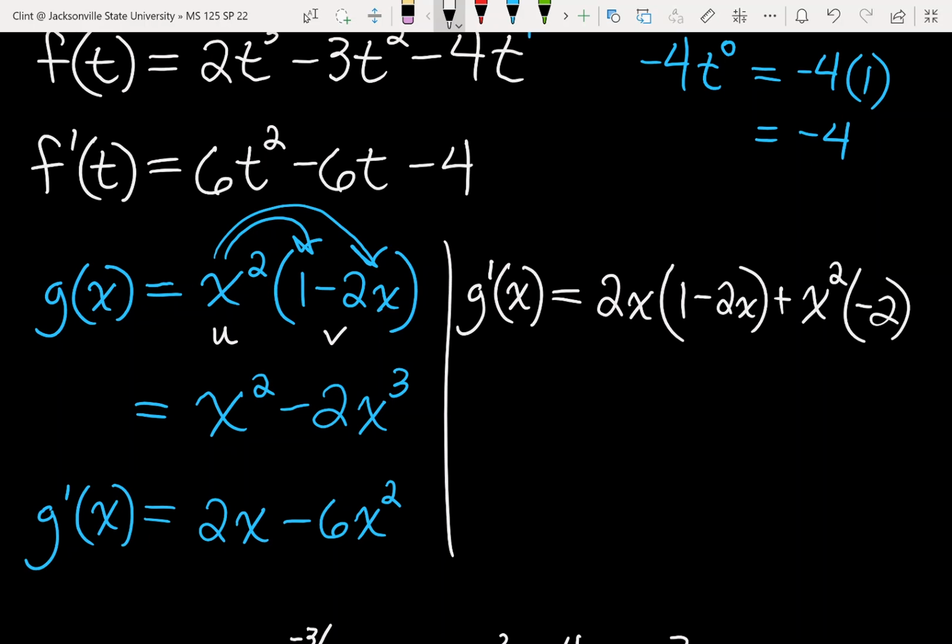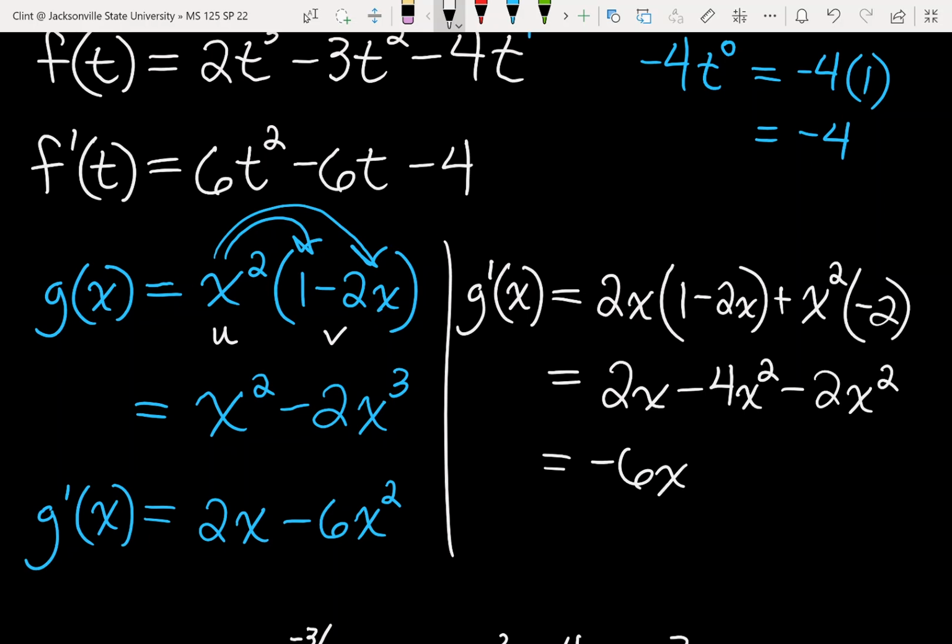But then we've got simplification we'd have to do. So we get negative 6x squared plus 2x, or add another order on the other one, you get the same thing.